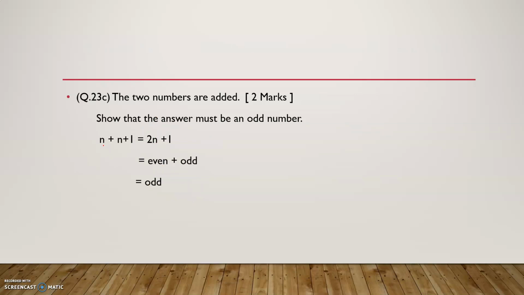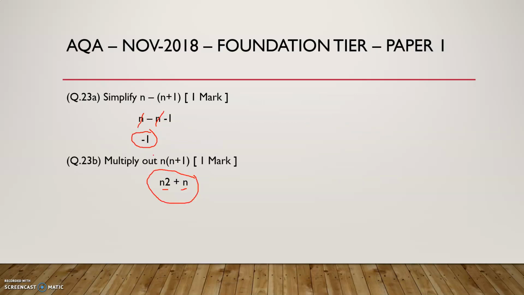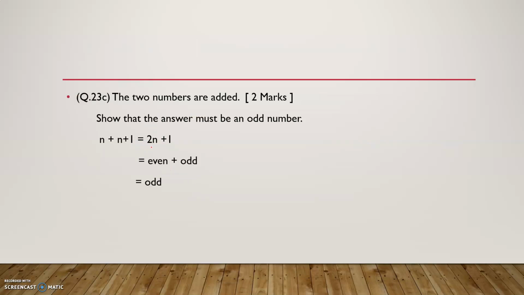So here we go, n plus n plus 1. So these are the two numbers. And now we can compute this one. So that will be n plus n, which would be 2n plus 1. Now, as we know, 2n is an even number, and 1 is an odd number. So even plus odd would be an odd number. So it's like 2 plus 1, which is 3. So 3 is an odd number.